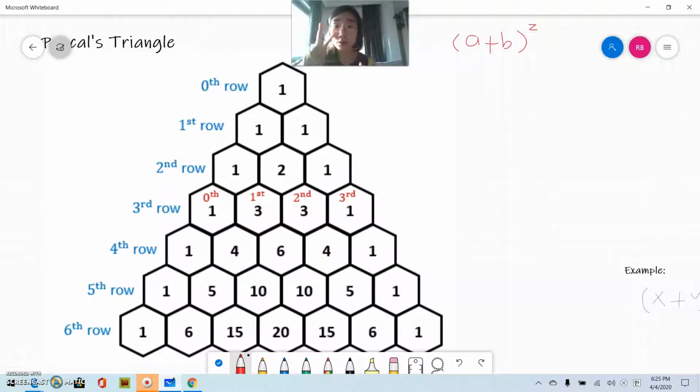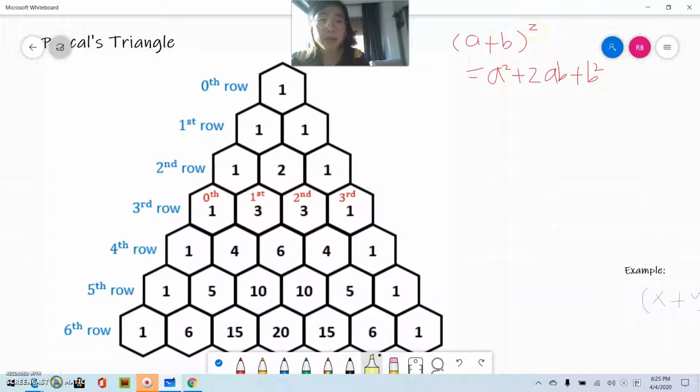It's the fact that there are two terms that you are raising to a certain power. Famously, this one I told you to memorize so that you don't have to FOIL all the time. It goes like this, and if you FOIL over and over you can see this pattern, but this is also from Pascal's triangle.